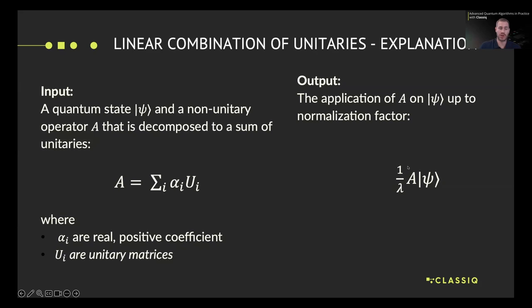Now there is a small cheat here, something I swept under the rug, because there is some entanglement with another register that must be taken into account, and in a moment I will briefly go over it. But on the high level, we actually apply some non-unitary operator on a state psi, which is apparently a really useful tool. It's also related to block encoding of the matrix A, so if you see this term, it's related.